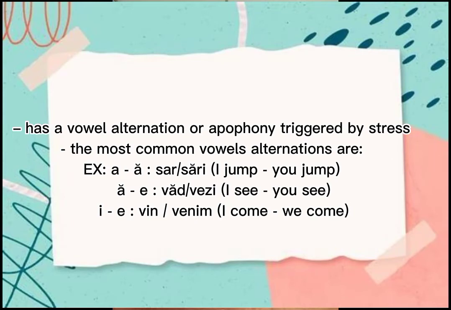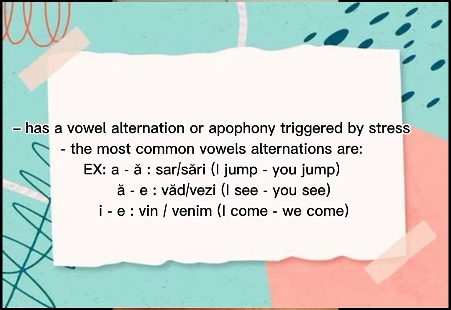Romanian has a vowel alternation or apophony triggered by stress. A stressed syllable has a low vowel or a diphthong ending in a low vowel, and an unstressed syllable has a mid vowel. The most common vowel alternations are the A turns into Ă, or the A turns into Ă. For example, the words in the Romanian language sar and sari, which means I jump, you jump.